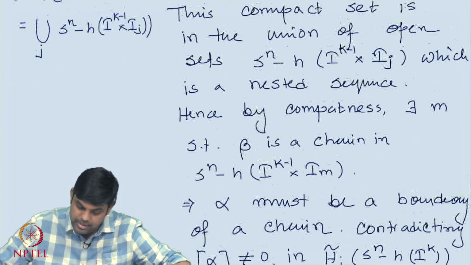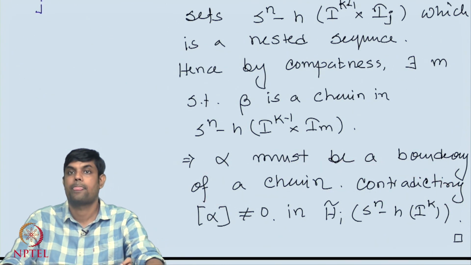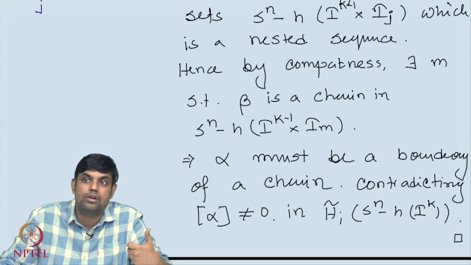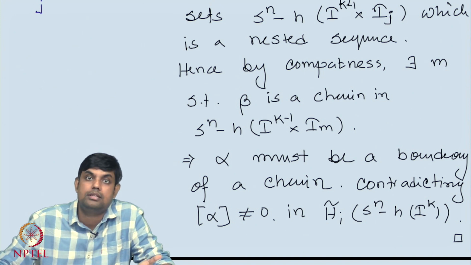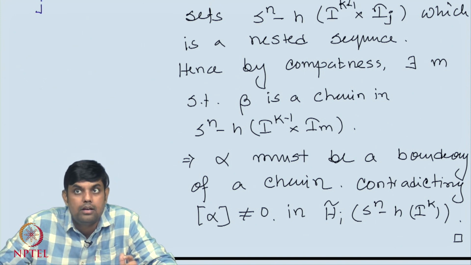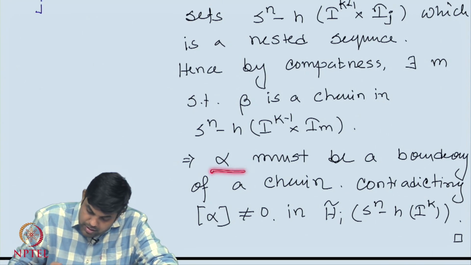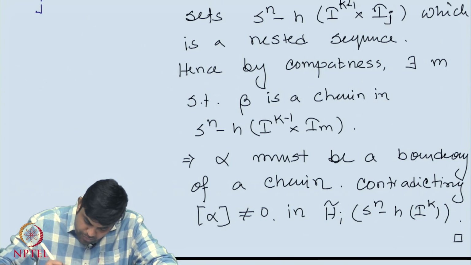So alpha must be a boundary of the chain beta, which tells you alpha is homologous to the zero element, because if a cycle is a boundary, then it is trivial in homology. So, by our assumption, alpha must be a boundary of a chain in here.